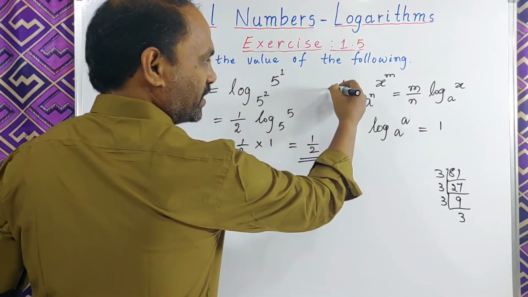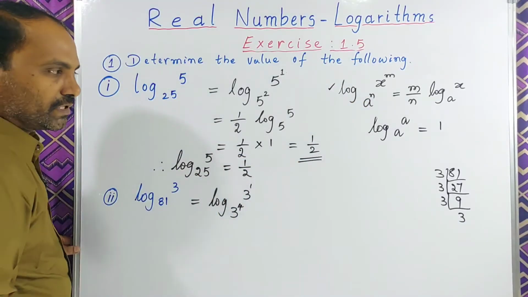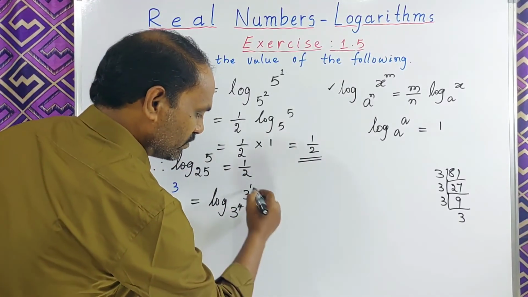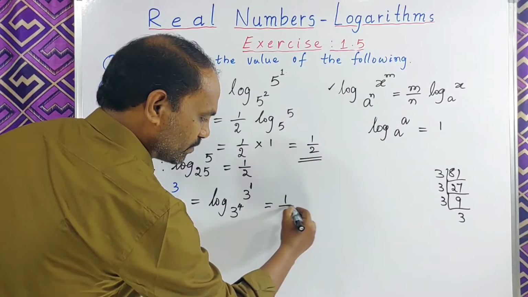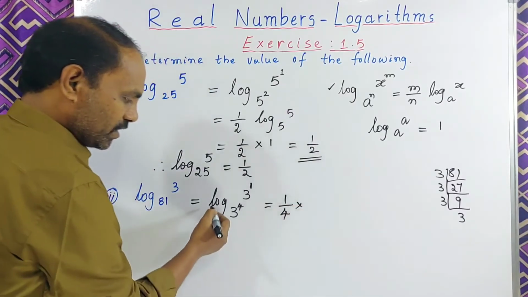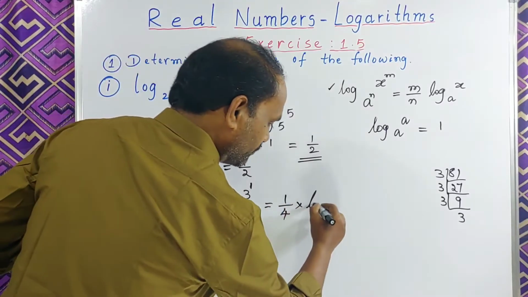Again use this formula only. By using this formula, how can you write this? First exponent by base exponent into log 3 base 3.